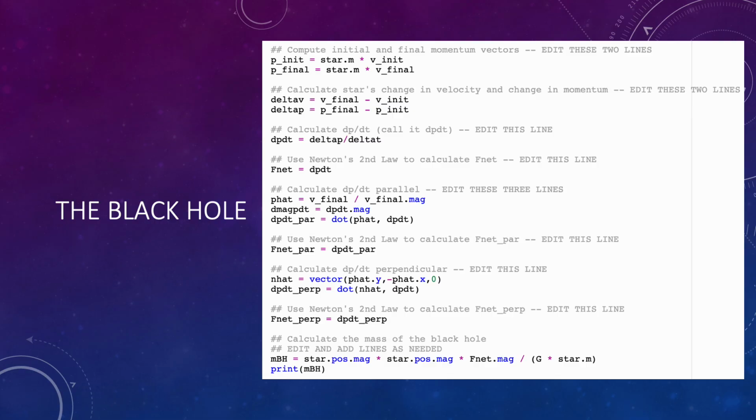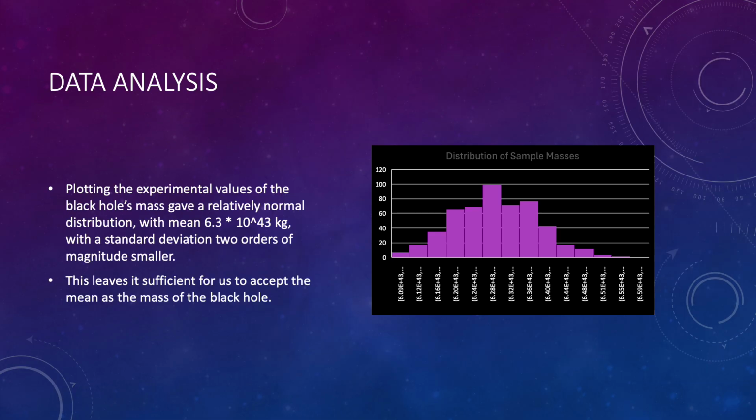And then we can find the parallel component and the perpendicular component using Newton's second law as well. So we can then find that the mass of the black hole is given by that force.